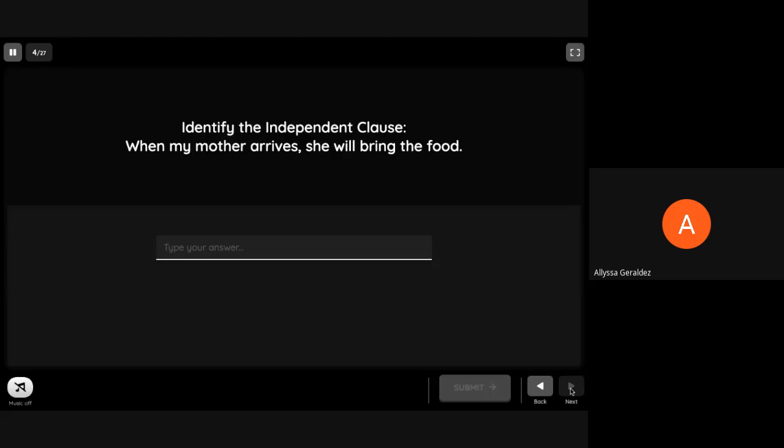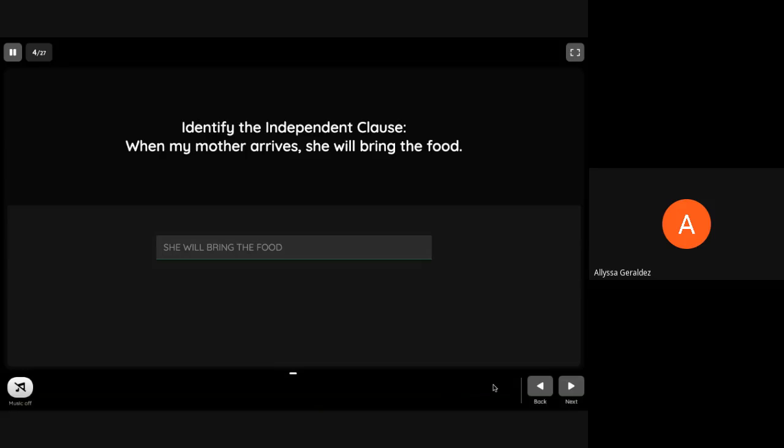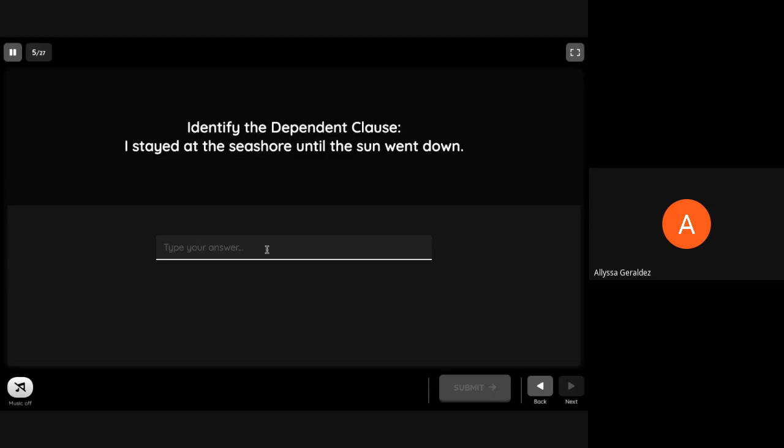When my mother arrives, she will bring the food. Identify the independent clause. Correct. Next, I stayed at the seashore until the sun went down.